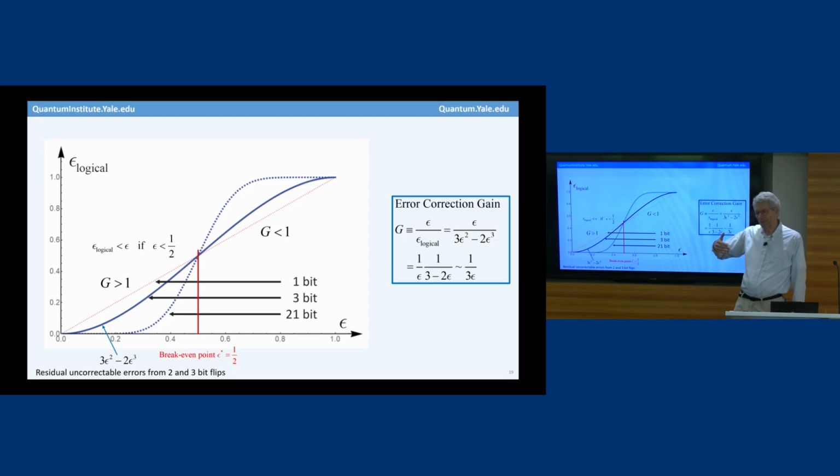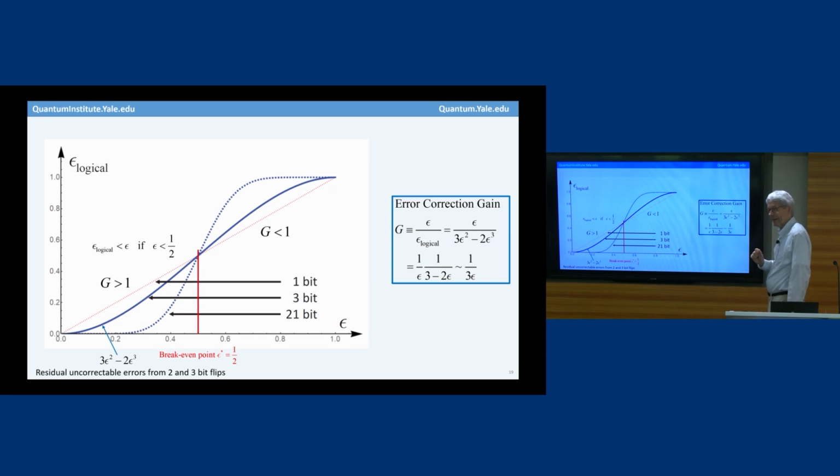And this is an important lesson: errors are much easier to correct if they're rare. But there is a price, a 1/3 there, because I've got 3 bits and each of them can have errors. So there's roughly 3 times as many errors as before, but most of them are correctable.